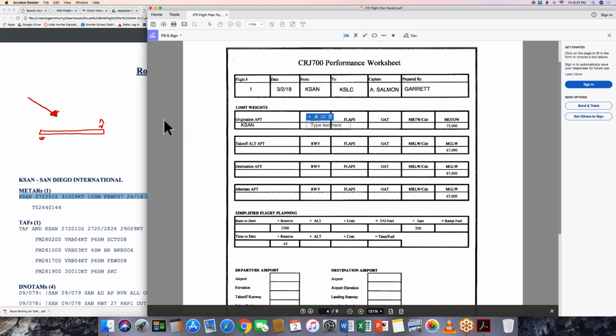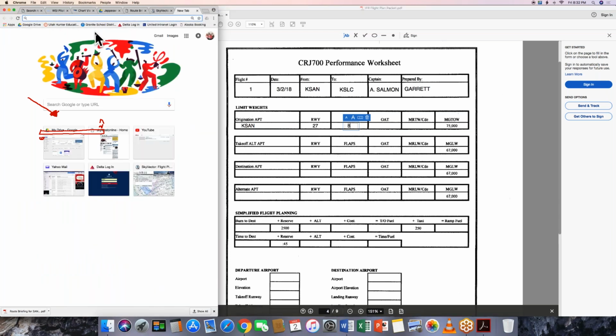Okay, we're going to use runway 27. And in this class, we're always going to plan flaps 8. I'm trying to remember the degree symbol.